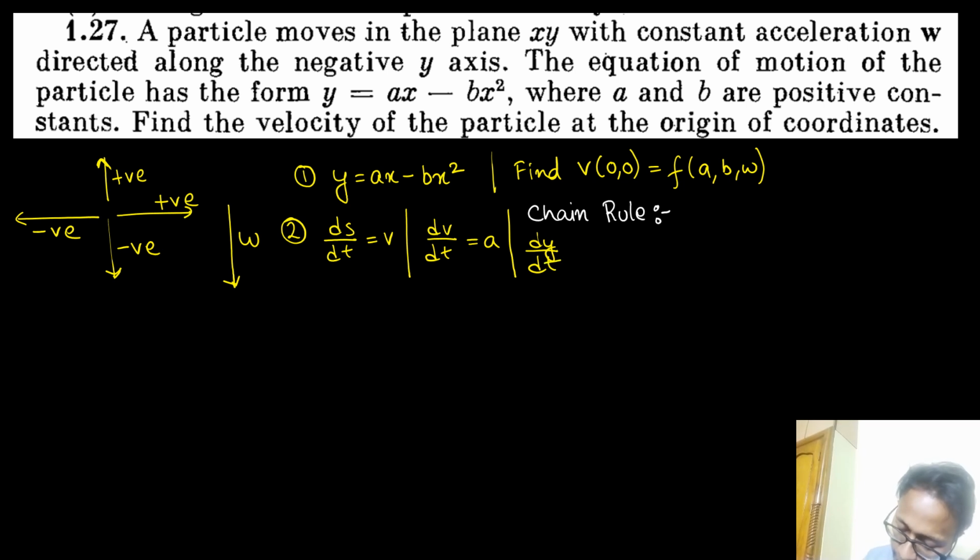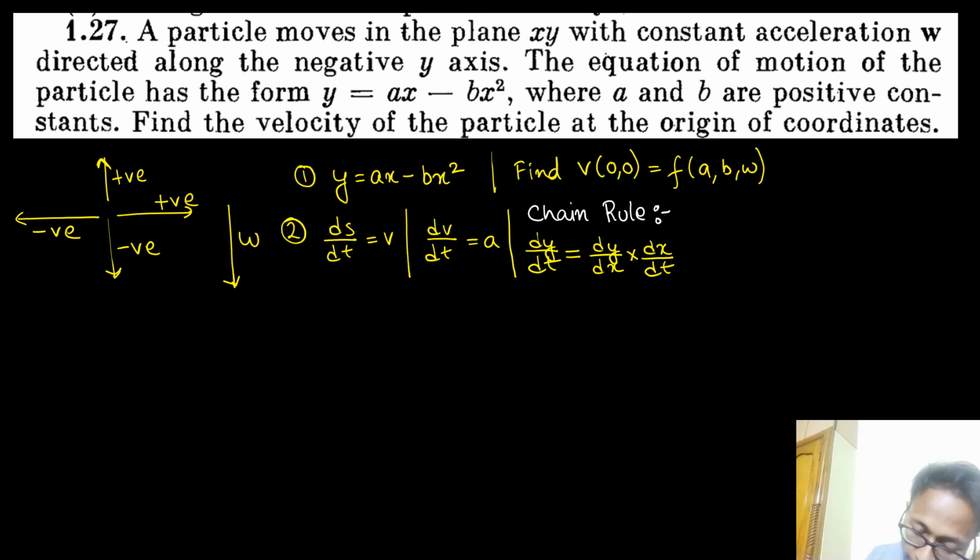Now see this equation. There is no parameter of t out here. What I can do is first differentiate this with respect to x and then differentiate x with respect to t. What I mean is that dy by dt can also be written as dy by dx into dx by dt.